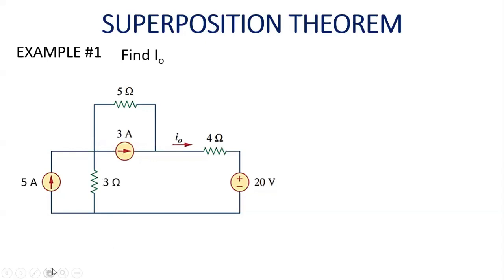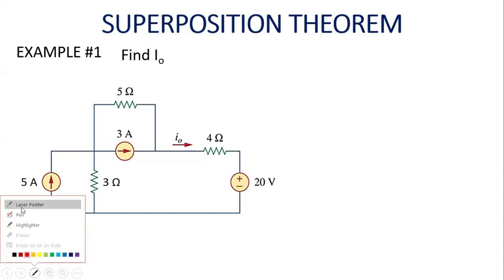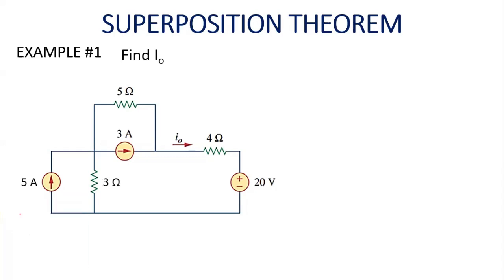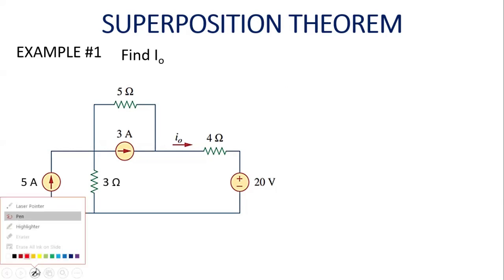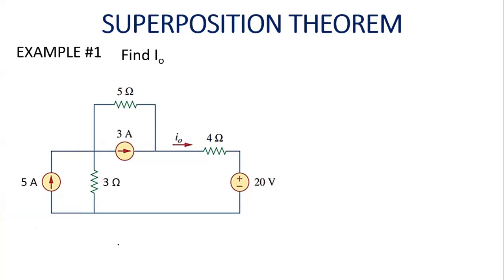First, we are going to use one source at a time and set all other sources to 0. So let's select among these 3 sources the one to be used in step 1. Let's have step 1.